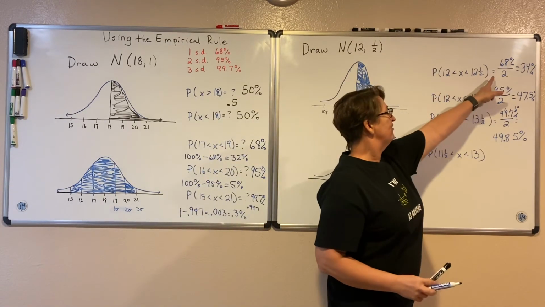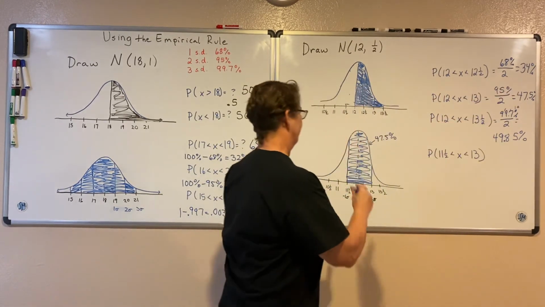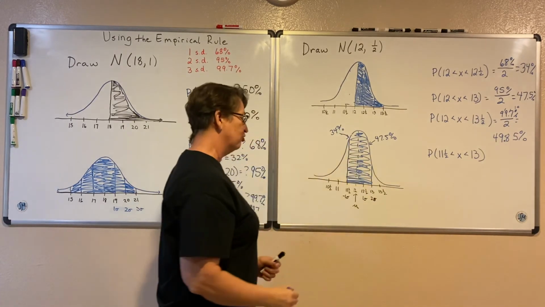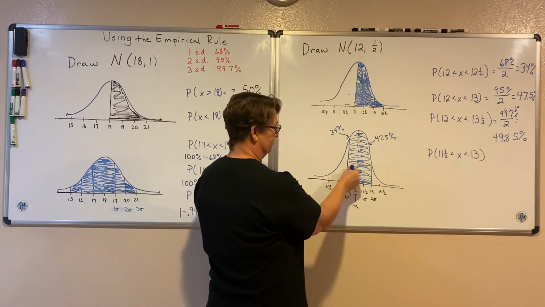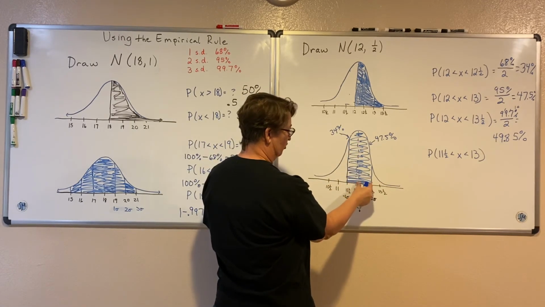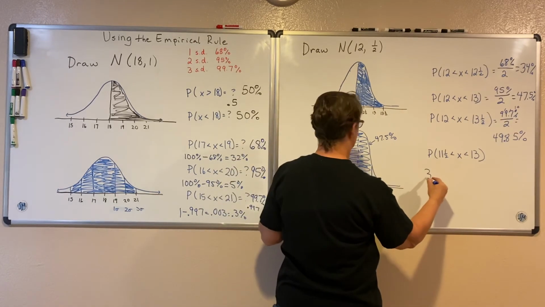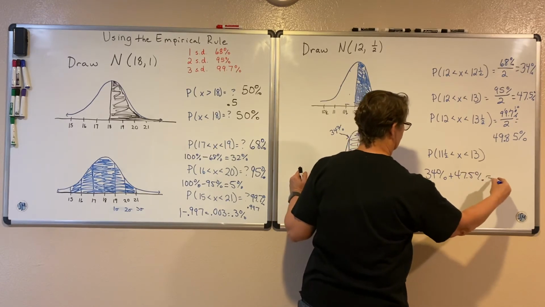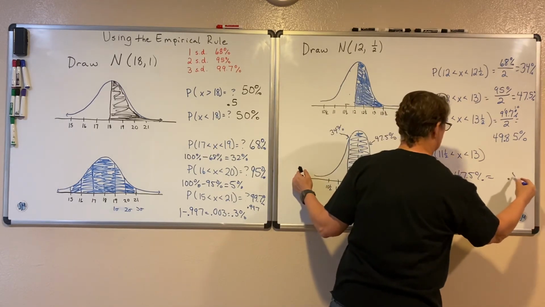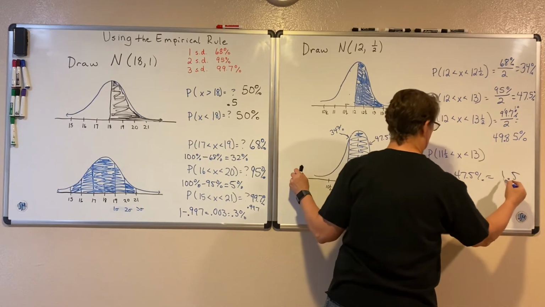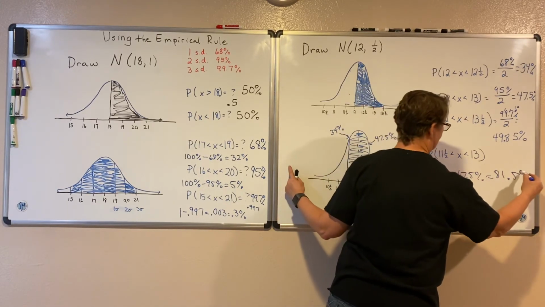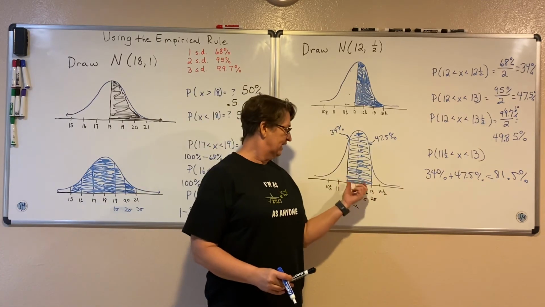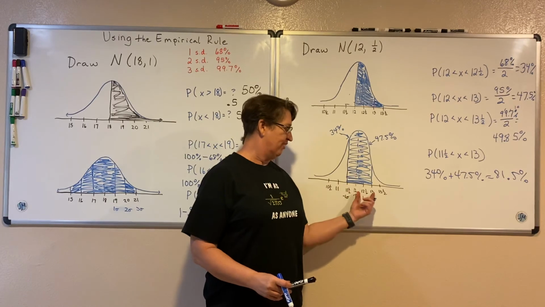So between 11.5 and 12 is 34%. So if we add those pieces together, this piece is 34% and that piece is 47.5%. So I have 34% plus that 47.5% gives me a total of, let me carry one, 81.5%. So 81.5% of my curve is here between 11.5 and 13.